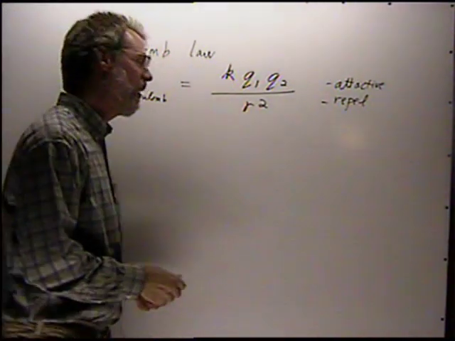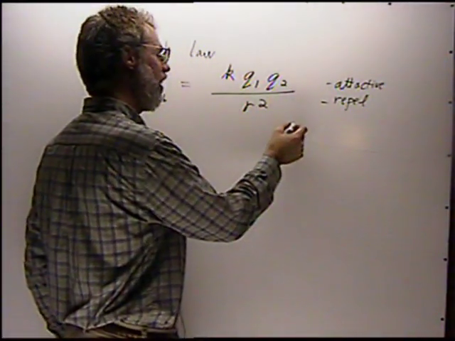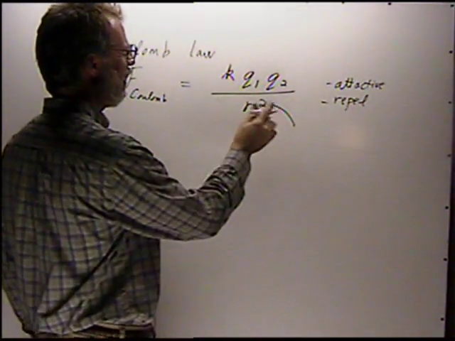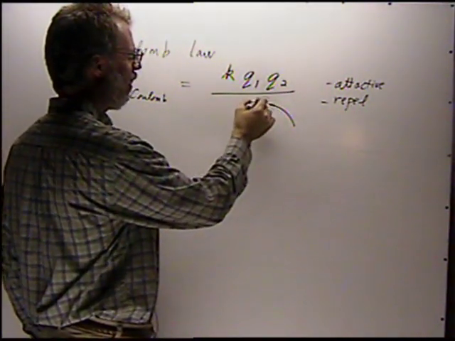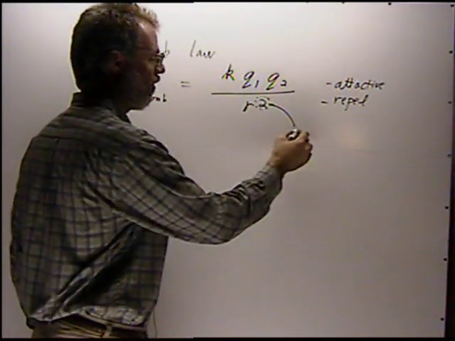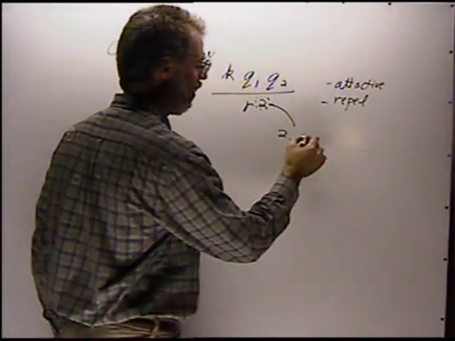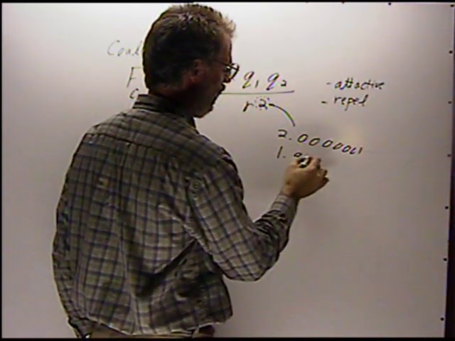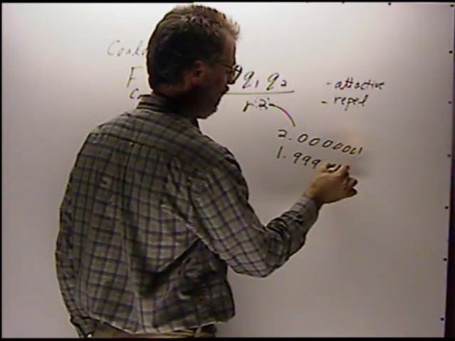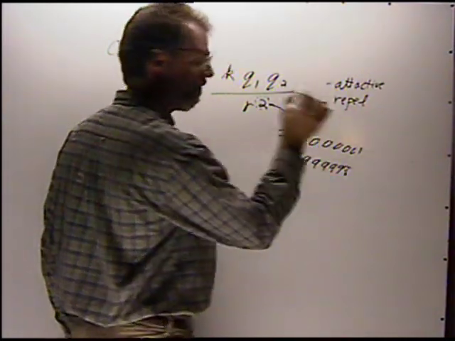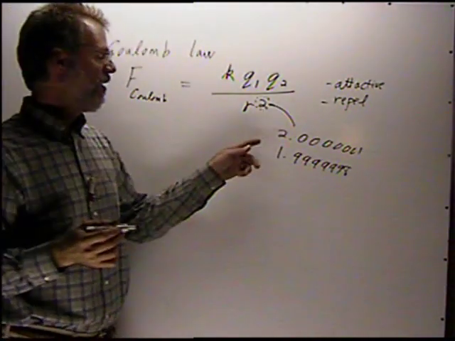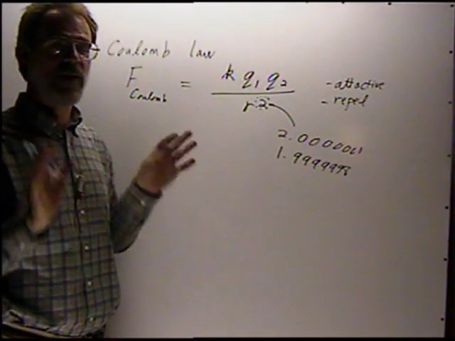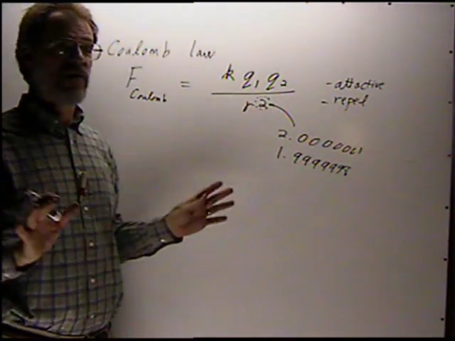We're going to talk about this later, but it turns out, and this is not covered in the book, if this number here, the 2 in r squared, were anything other than 2, suppose it were 2.0000001 or 1.9999998, or just a little bit different from 2, it would have profound ramifications for all of physics.